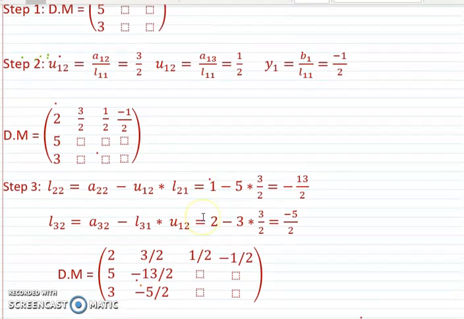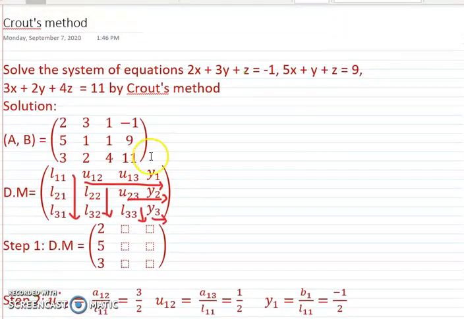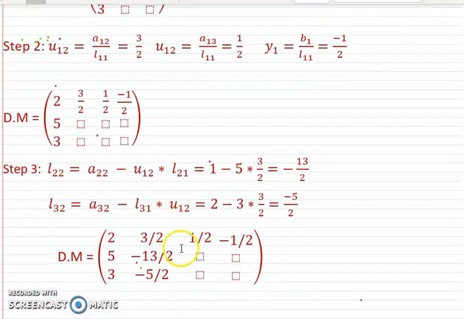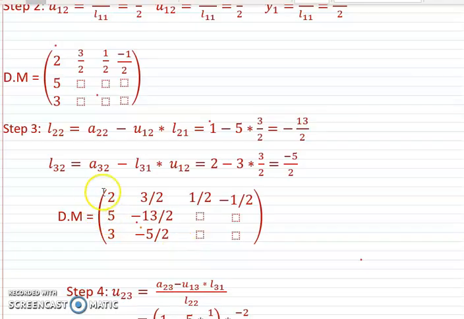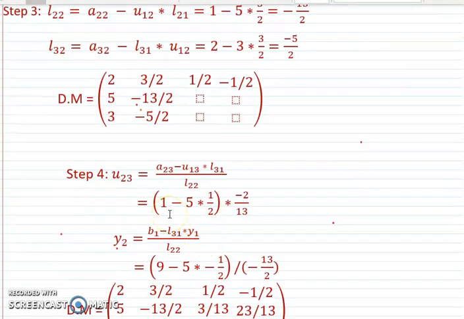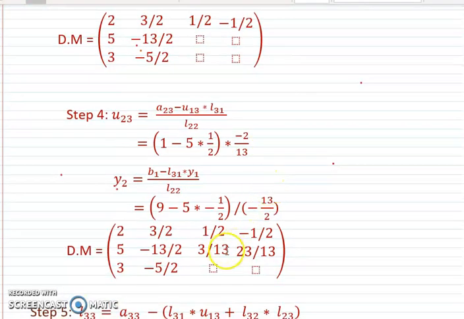So, take the corresponding element of A, B, which is 1, minus first row element 5 times 1 by 2, and the extra element needs to be divided. So, 1 minus 5 into 1 by 2, divided by minus 13 by 2. On calculating, we find that the value is equal to 3 by 13.